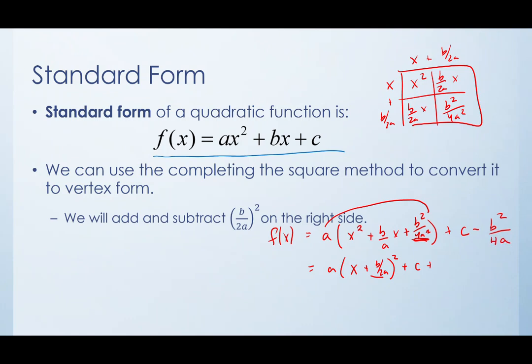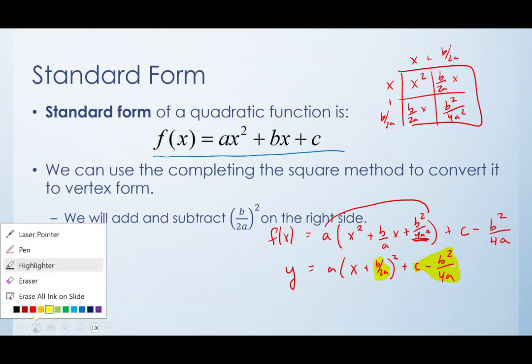Okay? So now we've got it in vertex form, right? Here we've got our h. We know what h is, it's b over 2a. And we know what our k is, our y coordinate of the vertex, is that lovely mess over there, right?